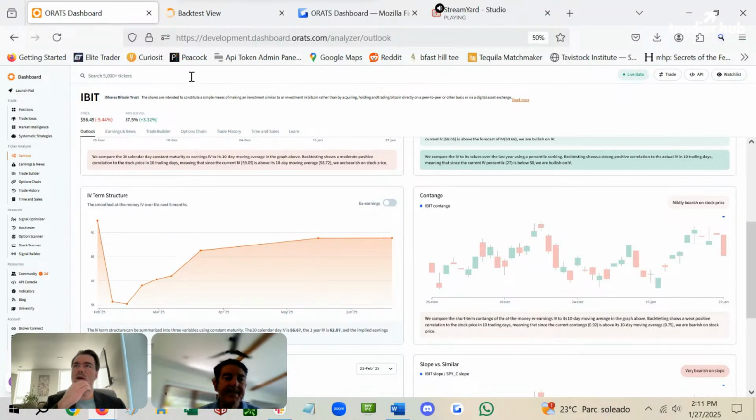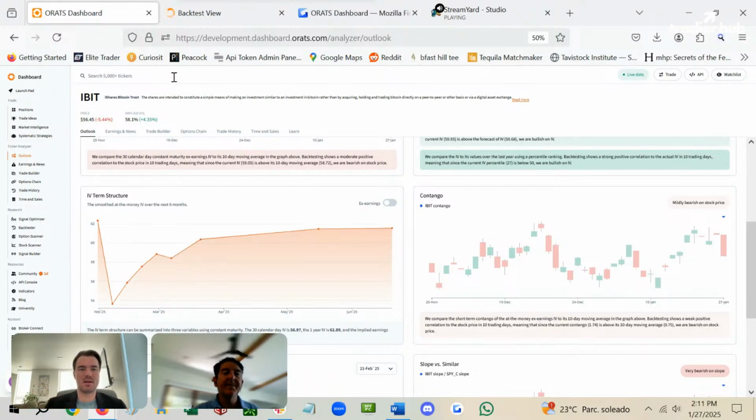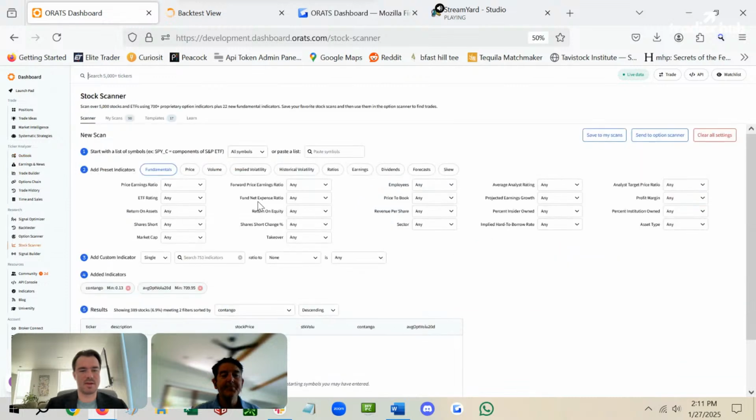Gotcha. So now let's look at what kinds of strategies are good in different contango environments. When contango is heading down, maybe we can do a stock scan for falling contango or something like that. What kind of option strategies would be good to trade on that type of indicator?